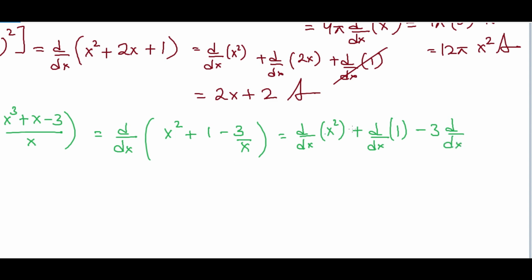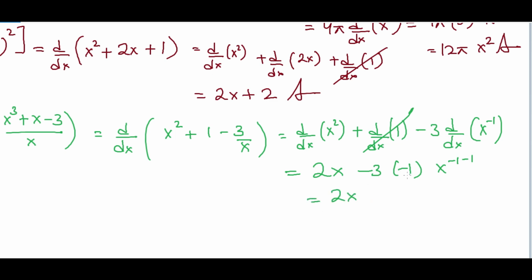X in the denominator can be written as x to the power negative 1. When you do that, the constant term is going to be 0. So x square is just 2x because 2 is the n, x to the power 2 minus 1 is just x. Negative 3, negative 1 can come out, and x to the power negative 1 minus 1, which is negative 2.